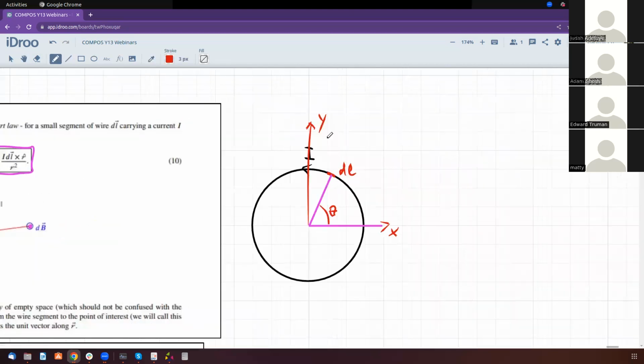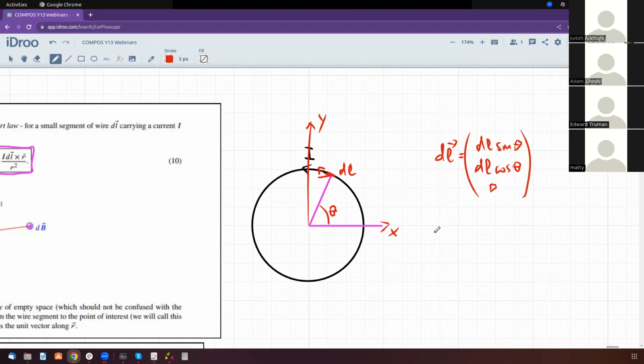So dl is a vector, and the current is going this way, so it's dl sine theta, dl cos theta, and 0.